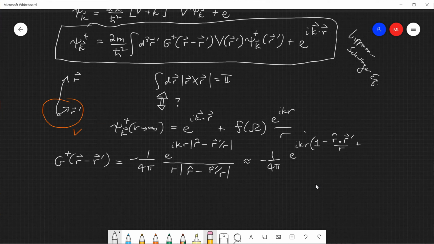And then there's other stuff that's of order 1 over r squared. And that's going to be small. And down here we have r times 1 minus r hat vector dotted into r prime over r, and again plus higher order terms that just go like 1 over r squared.